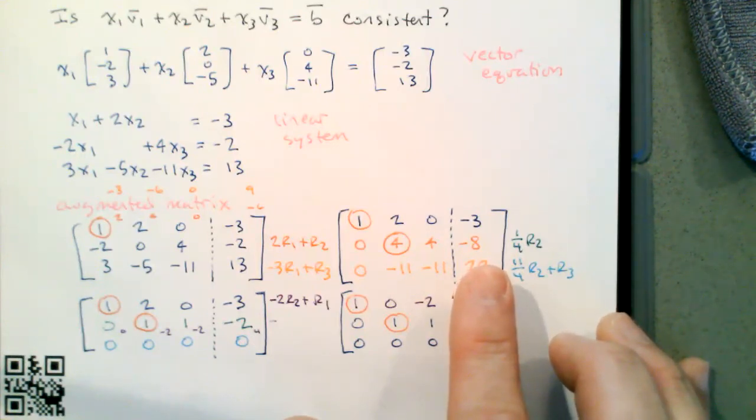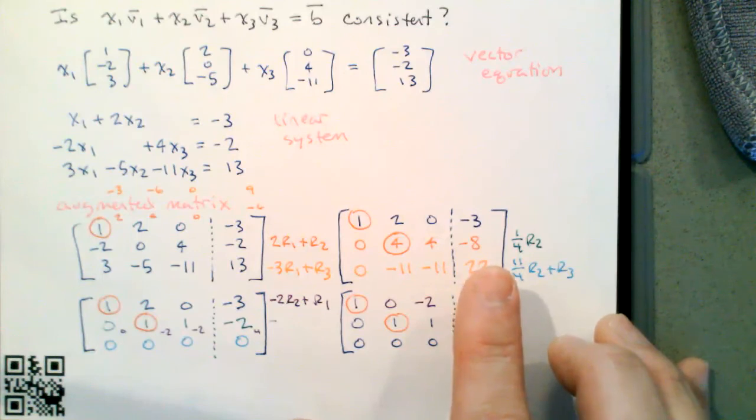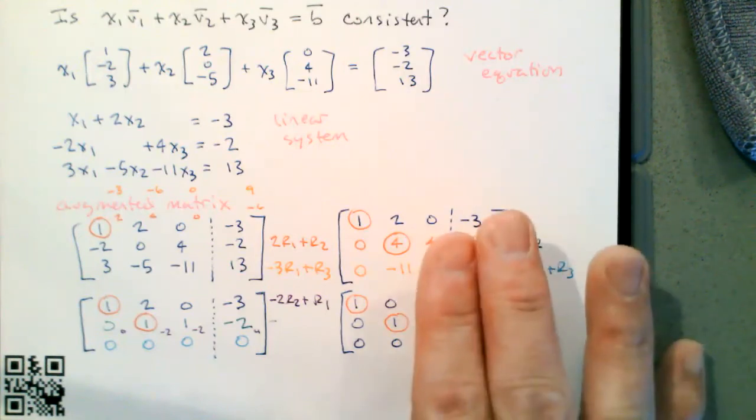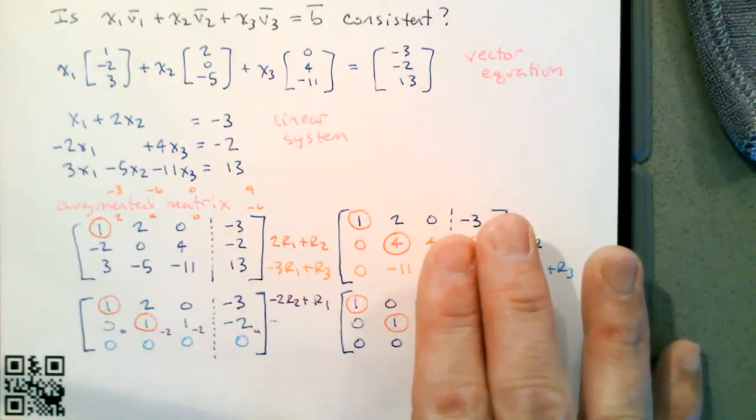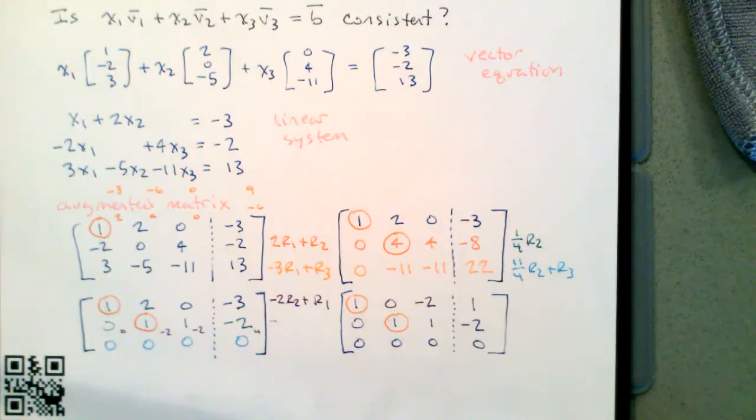So the set V1, V2, V3 is not linearly independent. That set of 3 vectors is linearly dependent. But if I get rid of V3, now I have an efficient set. I just need V1 and V2. That set is linearly independent. Notice that everything's a pivot. Any questions?